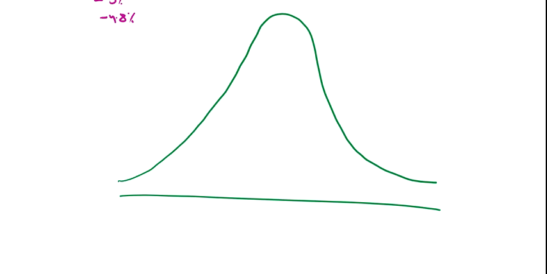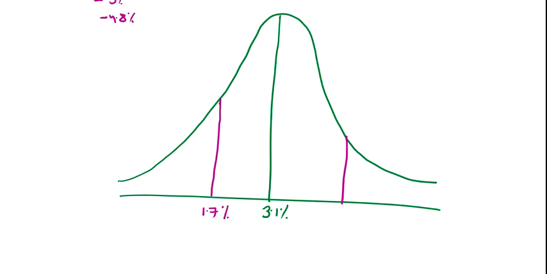Now let us see how we actually identify the probability. Okay, this is our normal distribution, and suppose here the mean is 3.1%. Suppose this is the mean, and I want to know the probability from say 1.7% to 3.9%.